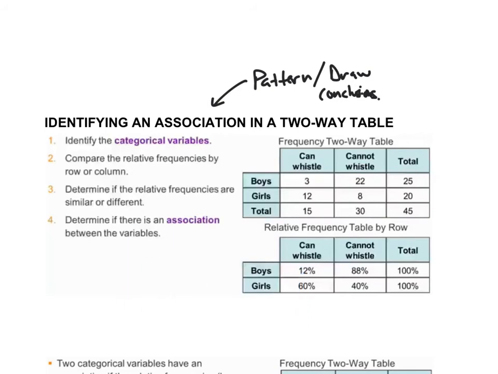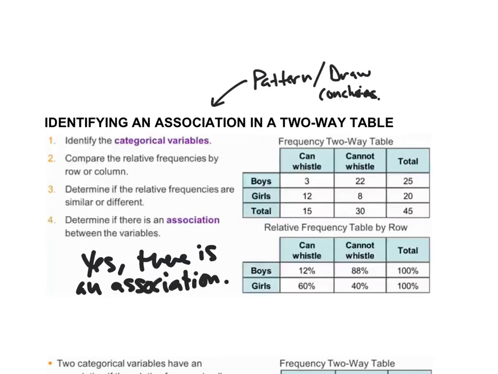So determine if there is an association, and yes, there is an association. The reason why is because of the difference in the numbers. What we're looking for is in the can whistle, the difference between 12% and 60% is pretty significant, versus 88% that can't and 40% that can't.